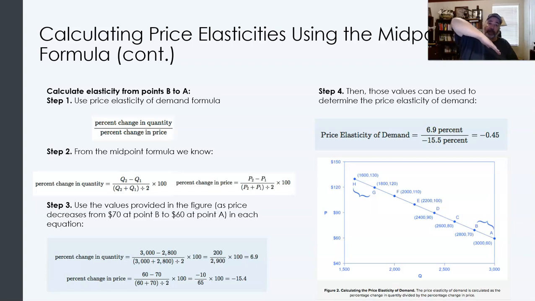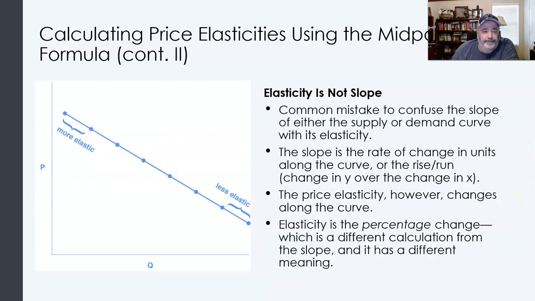As you go up and up, the more elastic demand is. The fact that this curve is not at a perfect 45-degree angle, it's lower than that, tells me that it's relatively elastic.